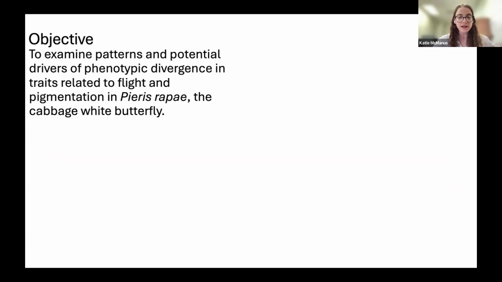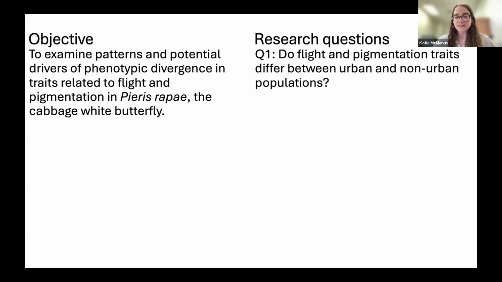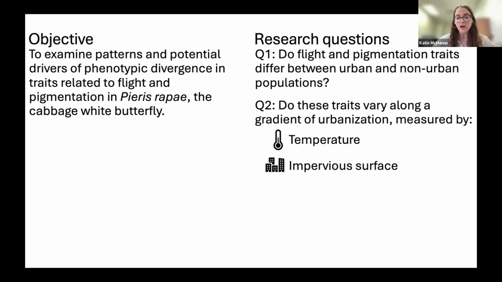To begin to understand how urban populations are adapting, I'm examining the patterns and potential drivers of phenotypic divergence in traits related to flight and pigmentation in the cabbage white butterfly. Specifically, I ask if flight and pigmentation traits differ between urban and non-urban populations, and if these traits vary along a gradient of urbanization measured by temperature and impervious surface.